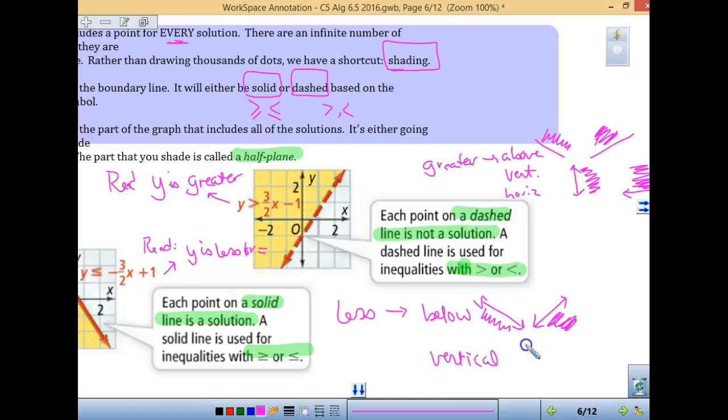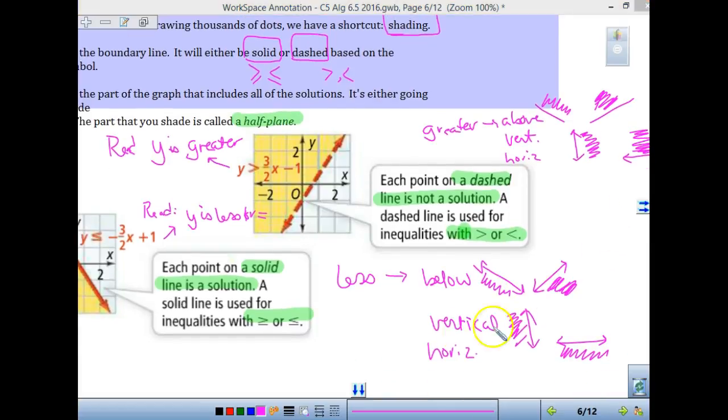Where should I be shading? If it's a vertical line, I should shade to the left, because to the right was greater, right? And if I'm looking at a horizontal line, where would we think is less? Below. Okay?